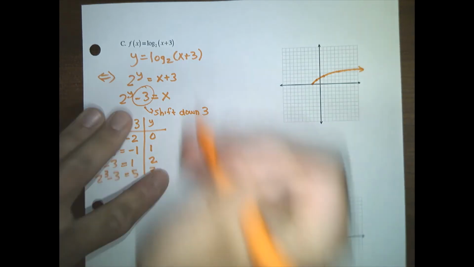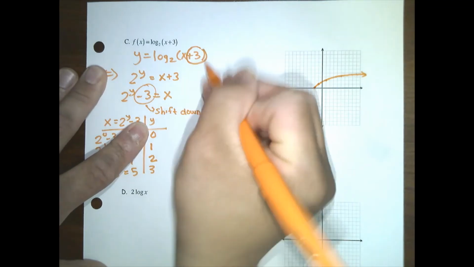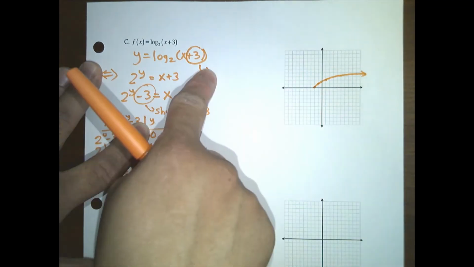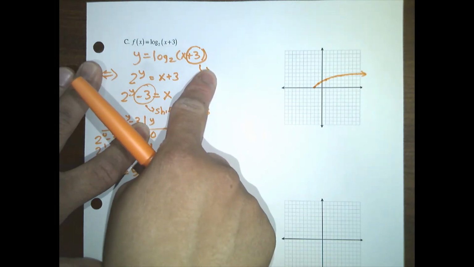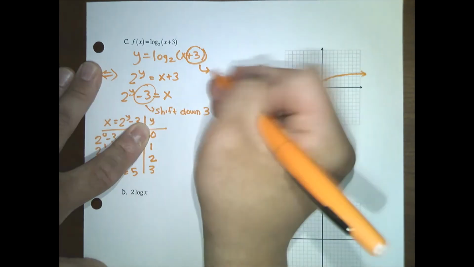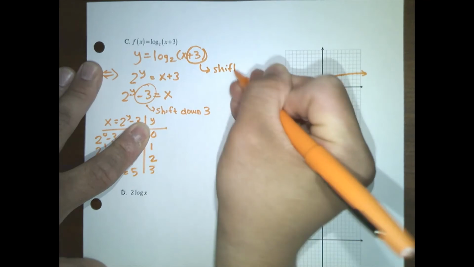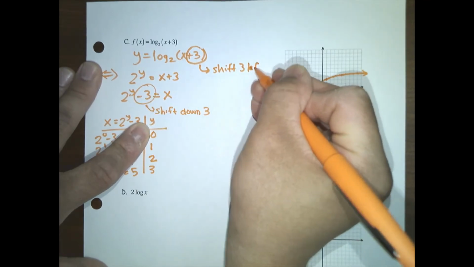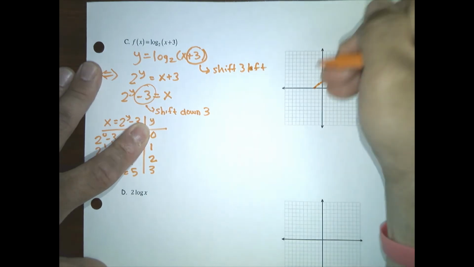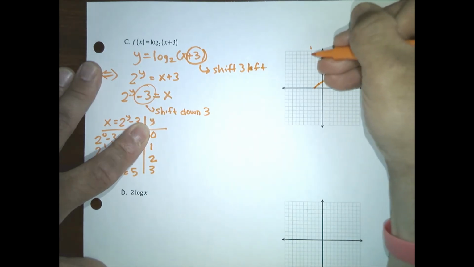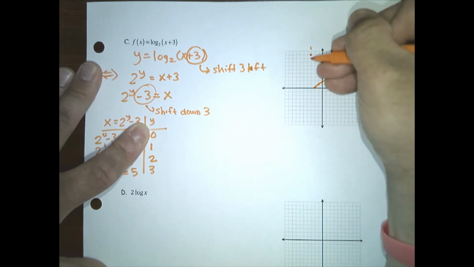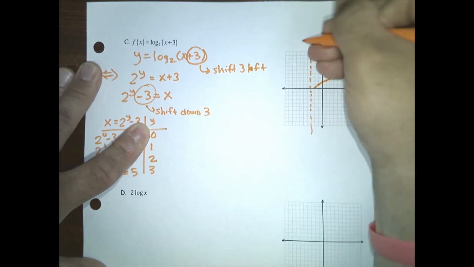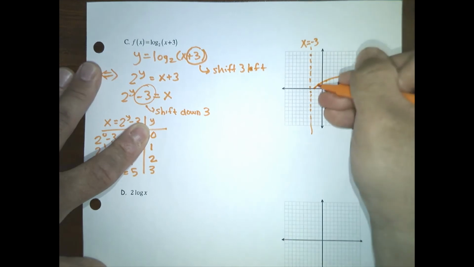If you look up here, if you looked at this in terms of x's and not y's, then this would actually be a shift 3 to the left. That means this asymptote needs to shift 3 to the left. So now, instead of being at x equals 0, it's at x equals negative 3.